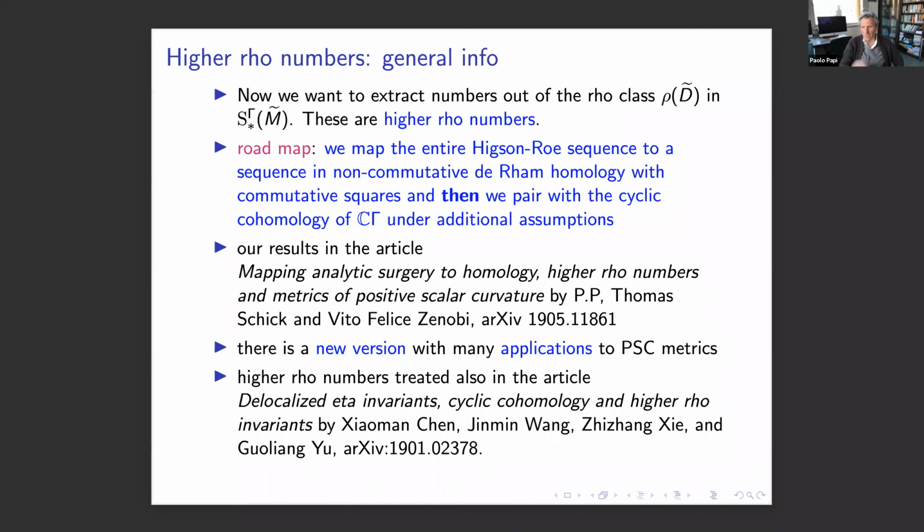Jianmin Wang, not Heng Wang. There are many Wangs. Especially the definition of higher rho numbers is also contained in this paper. But I should add maybe that the common results are really obtained by different methods. So in my opinion, the two papers complement each other. Okay, questions, comments?